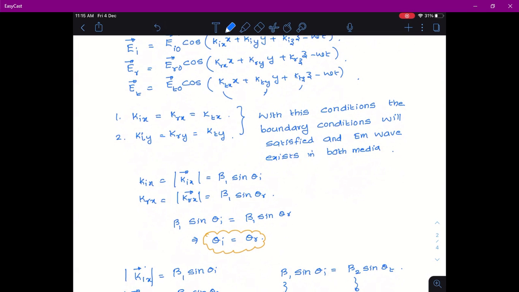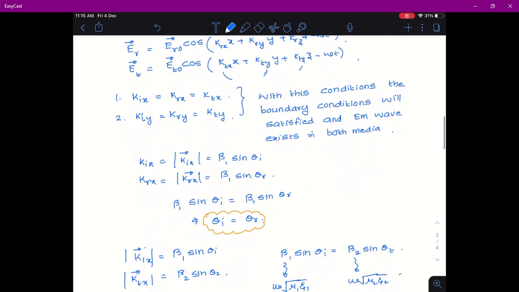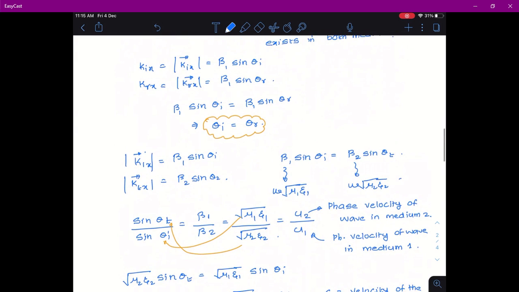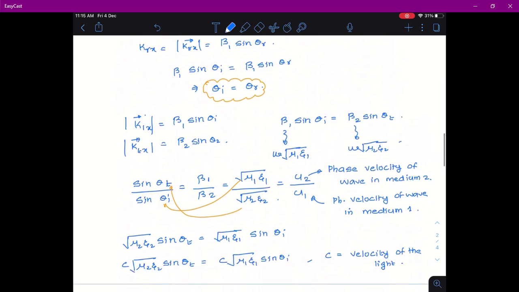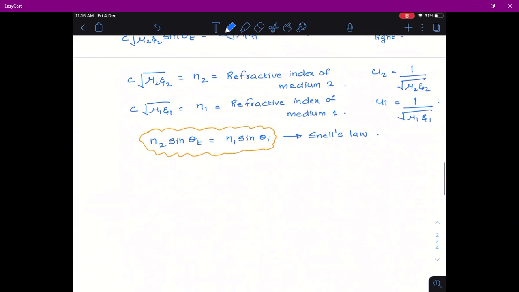So when you substitute the values of the components in the equations, we found that the incident angle should be equal to the reflected angle, and the product of the refractive index with the sine of the transmitted angle is equal to the product of the refractive index with the sine of the incident angle. Okay. So these are general terms.